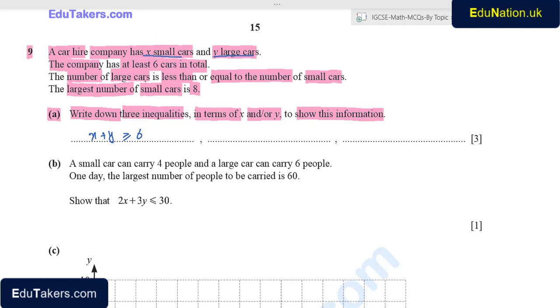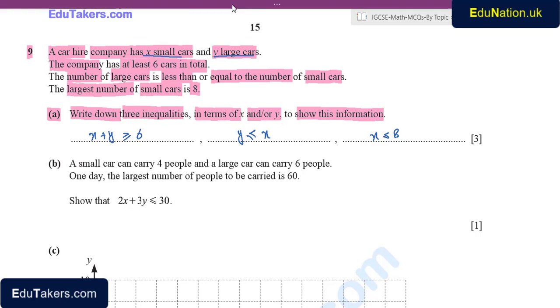The number of large cars, which is Y, is less than or equal to the number of small cars, which is X. The largest number of small cars is 8, and small cars are X, so X is less than or equal to 8.